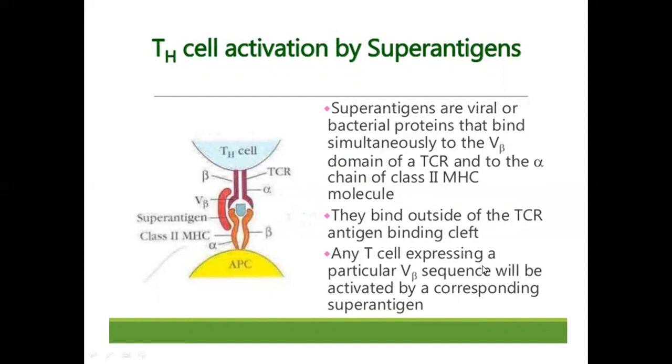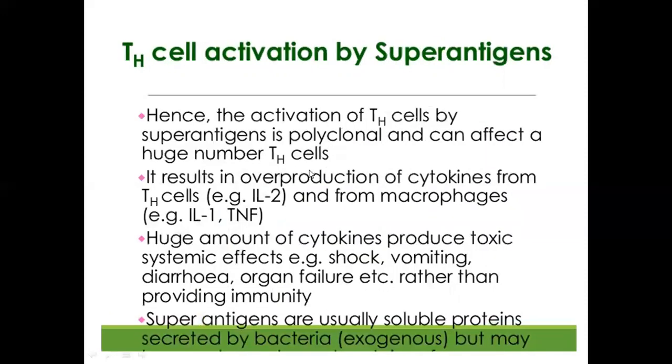Any T cell expressing a particular V beta sequence will be activated by the corresponding superantigen. Hence, the activation of TH cells by superantigens is polyclonal and can affect a huge number of TH cells. It results in the overproduction of cytokines from the TH cells and from the macrophages.